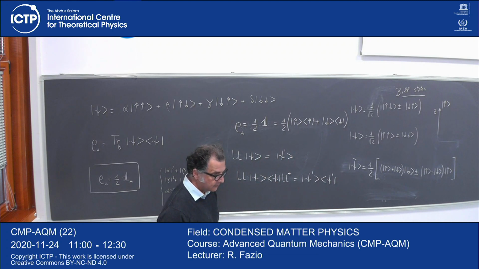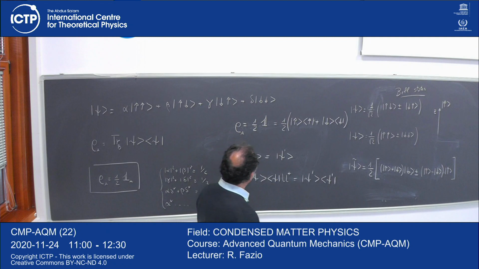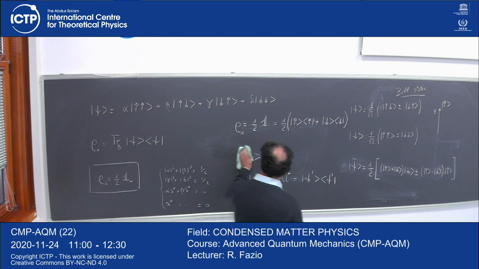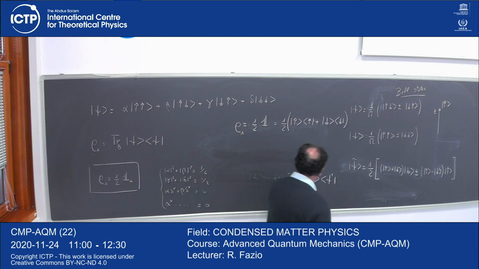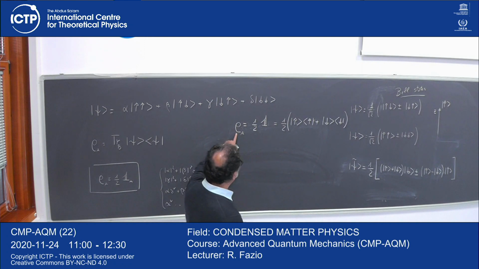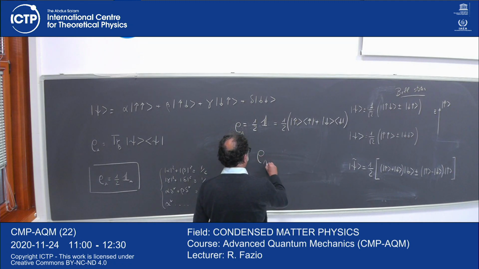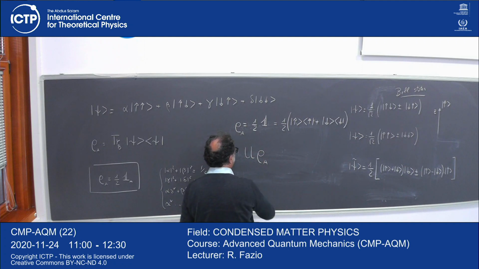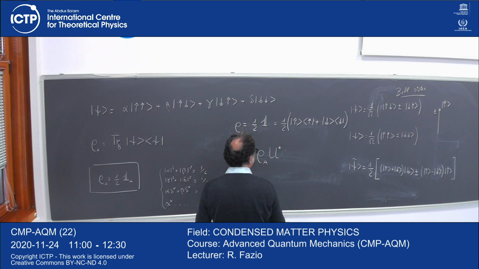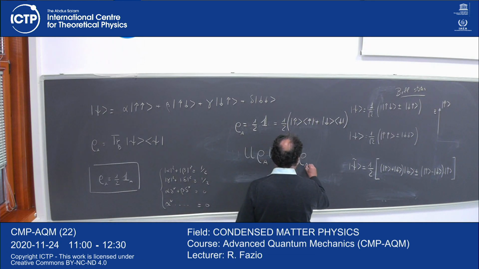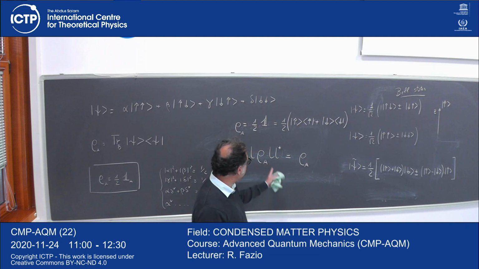Okay? Yes. Very good. Now, I erase this because I need some space. If the reduced state of the spin A is the identity, it means that if I apply a rotation U and U dagger to rho A, this is just equal to rho A because it's the identity.